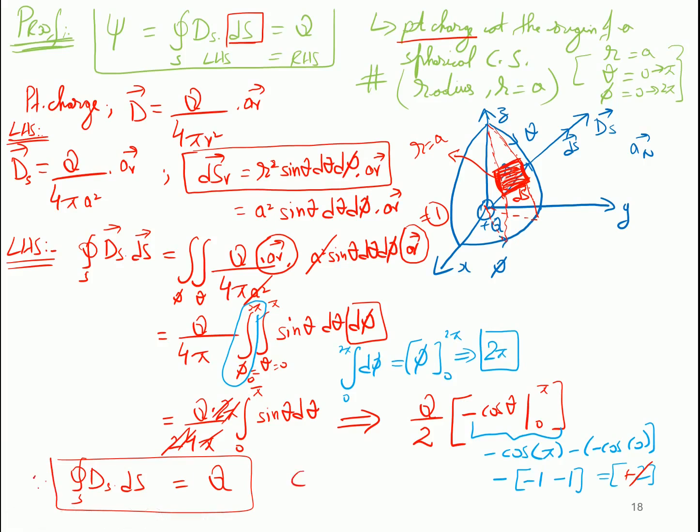So the equation is now proved. This means that Gauss's law in terms of electric flux is indeed equal to the charge enclosed, which is q, and hence this mathematical expression is now proven.